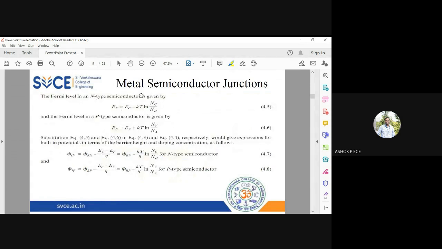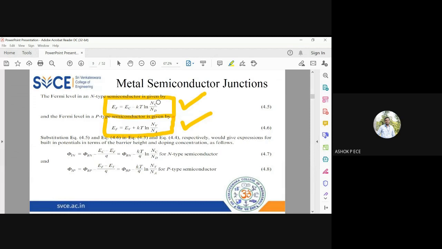And you know the Fermi level formula as per unit 1, you should be recollecting all these formulas. The Fermi level formula for n-type semiconductor and the Fermi level formula for p-type semiconductor. So EF equal to EC minus, because the Fermi level is below the conduction band, minus KT ln NC by ND.